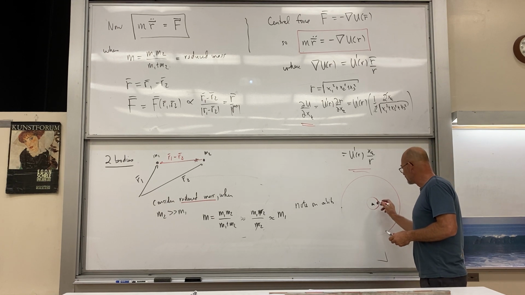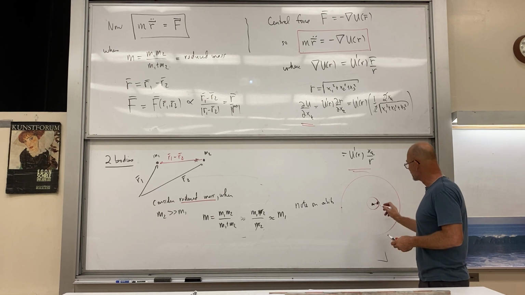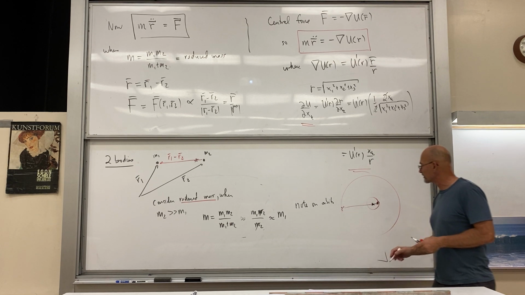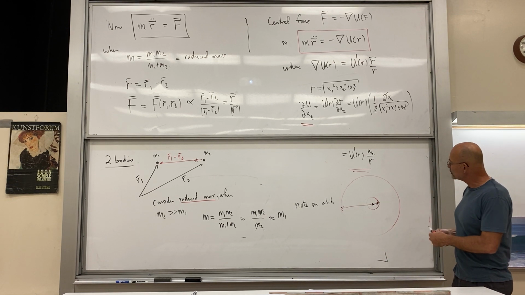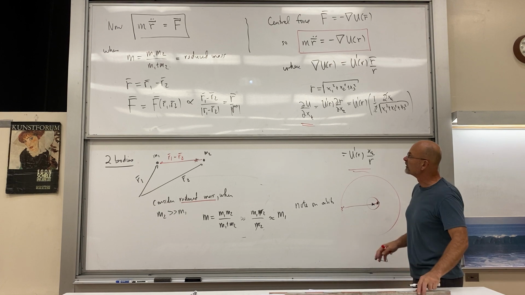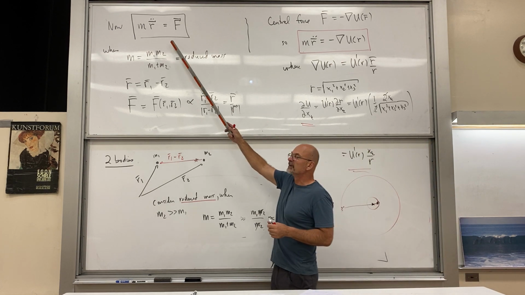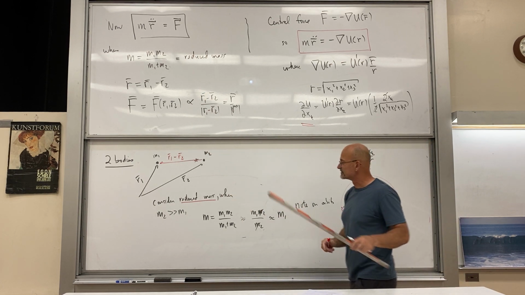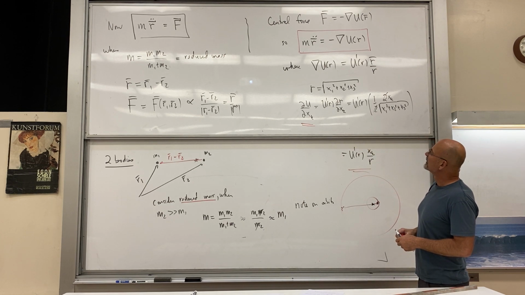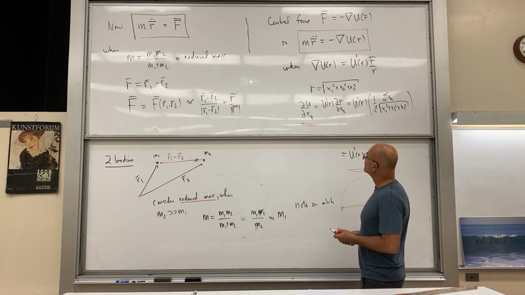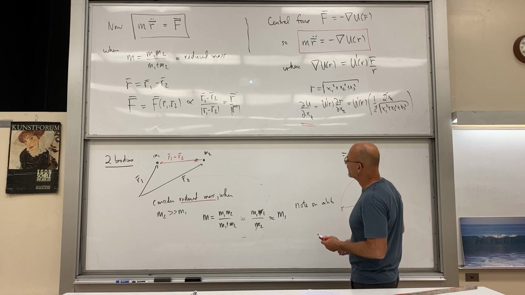So your R sub 2 would be much smaller, your R sub 1 would be much larger. But the solution to the two-body problem is effectively a one-body problem. That clarifies those issues.